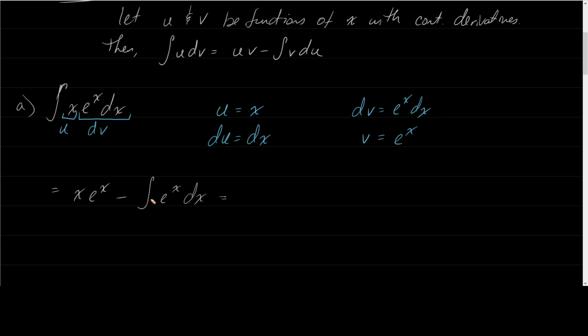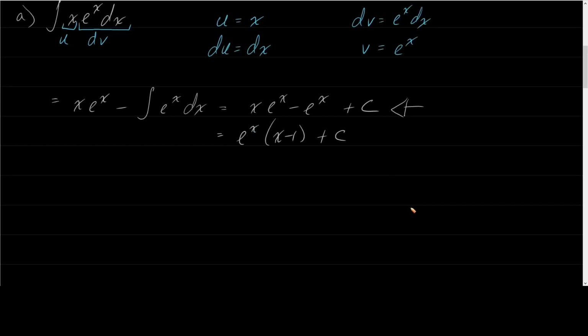And the integral of e to the x dx is just e to the x. There you go, that would be the final answer. If you really wanted to, you can factor out that e to the x, and we would have e to the x times x minus 1 plus c. But you don't have to. You could have stopped at this line.